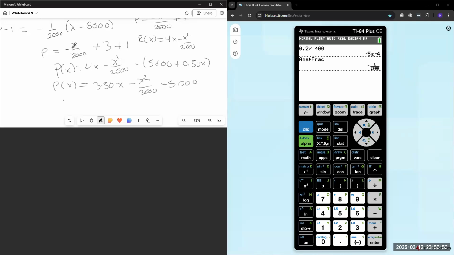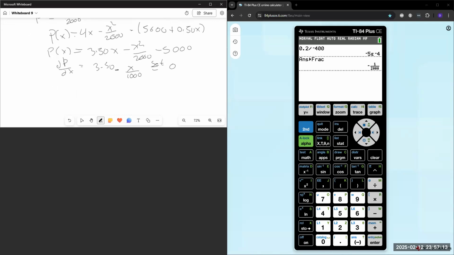So dp dx is 3.5 minus x over 1,000, and then that goes away. We're going to set this equal to 0, and we get negative x over 1,000 is equal to negative 3.5. Multiply both sides by negative 1,000, and x is equal to 3,500.